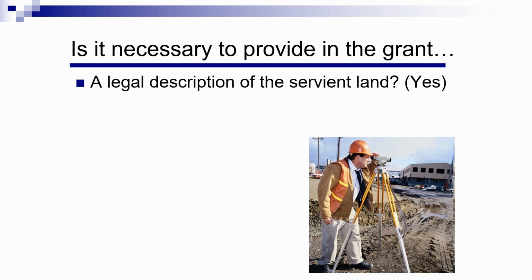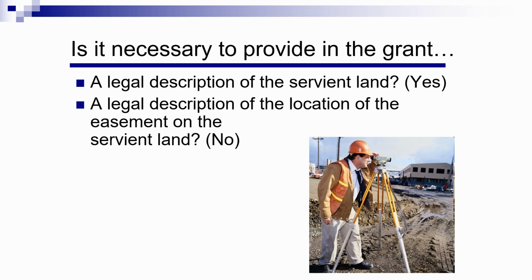Well, yes, the statute of frauds is going to require a description of the land that the easement runs across. What about putting in a legal description of the exact location of the easement on the servient land? Well, no, that isn't strictly required. It's almost always a good idea to do that, but it isn't essentially necessary in order to create a valid easement.